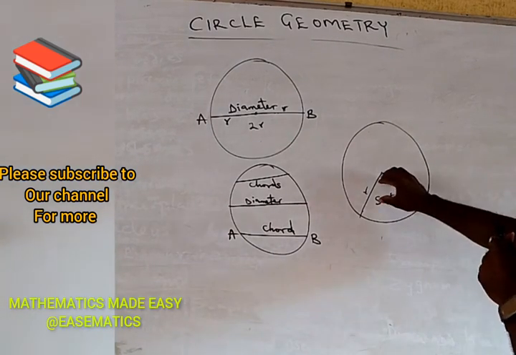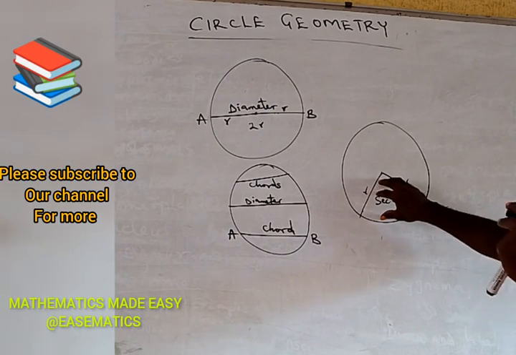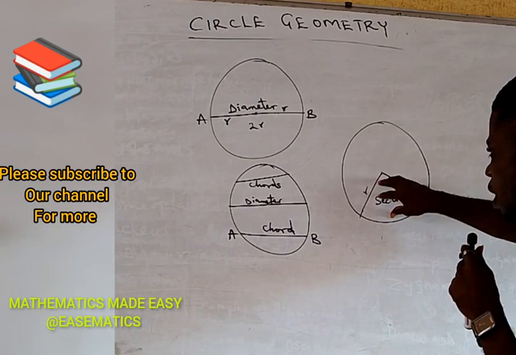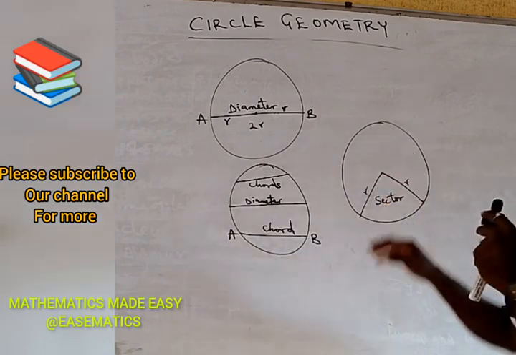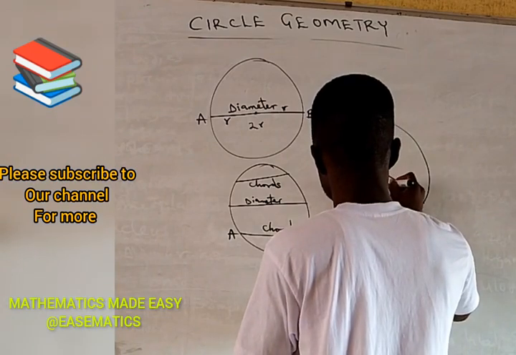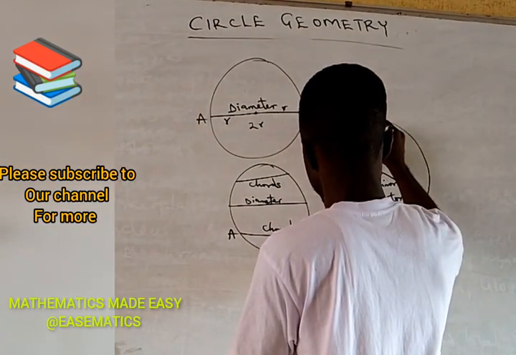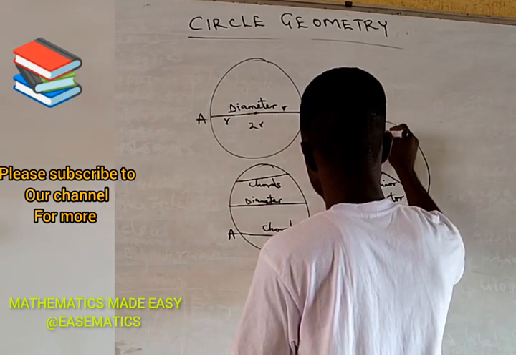Now, you can look at this. This inner section we have here, which we have called the sector, has a smaller inner sector and a bigger inner sector. The smaller inner sector is called the minor sector, and the larger or the bigger inner sector is called the major sector.